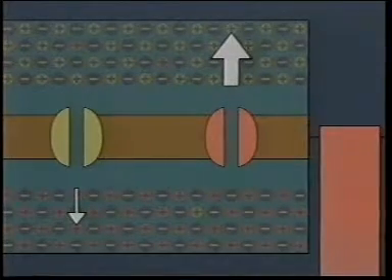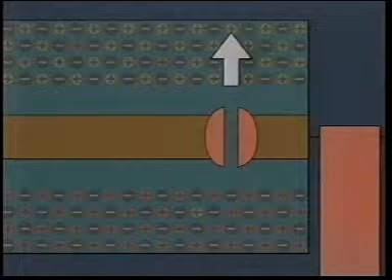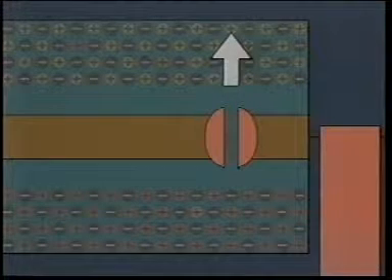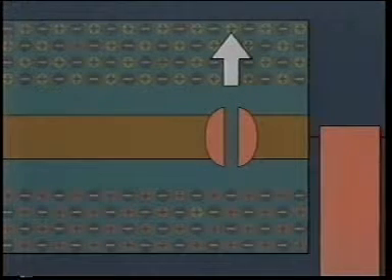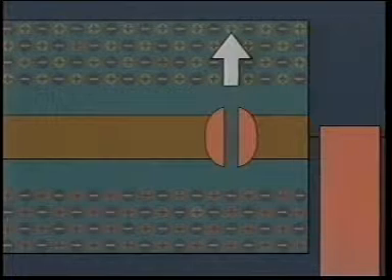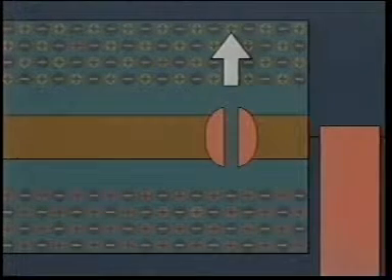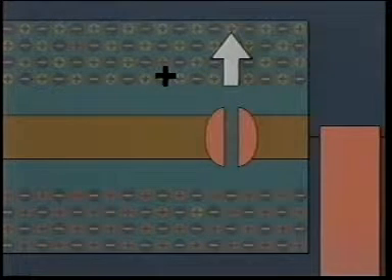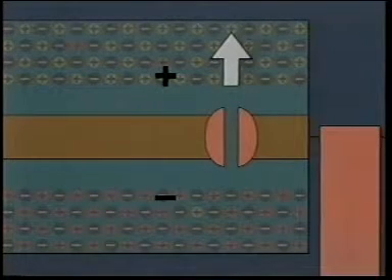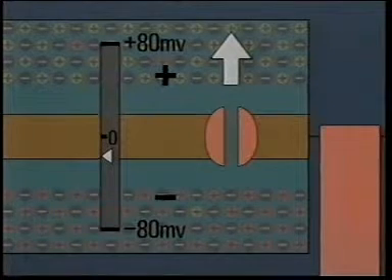So potassium starts to diffuse outwards down its concentration gradient. But as it does so, it creates an increasing charge separation at the membrane. So the layer on the outside of the membrane becomes positive and that on the inside negative. This creates a voltage across the membrane.